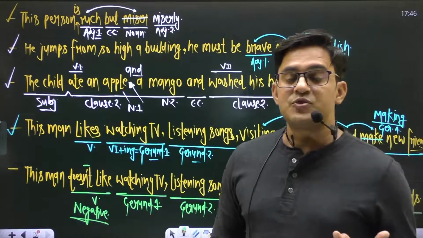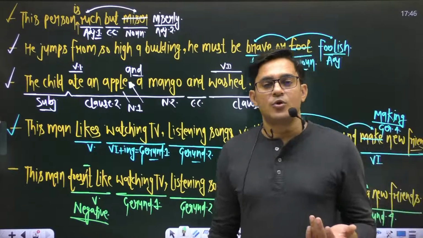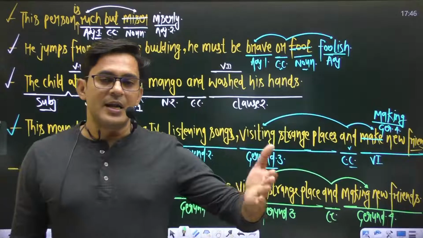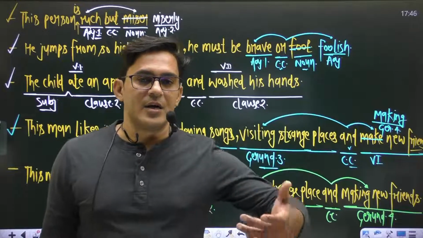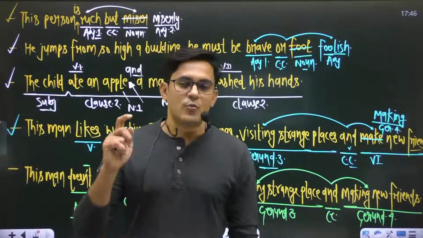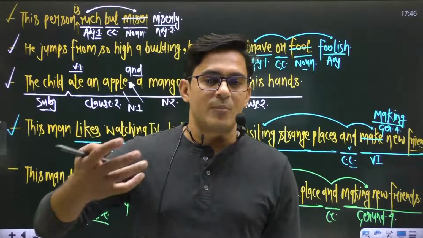But in a negative sentence we can't talk about adding things. We can't talk about adding the different nouns. In a negative sentence we can't add, right? This is the negative sentence.